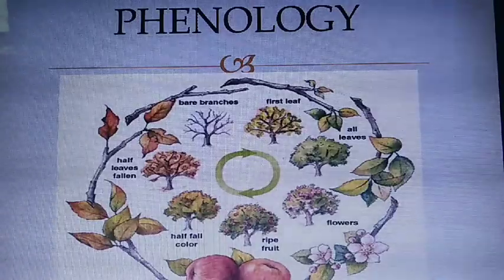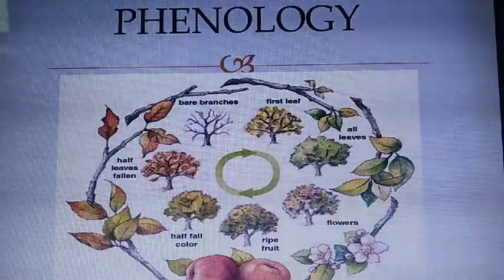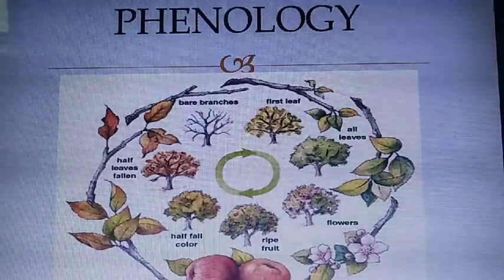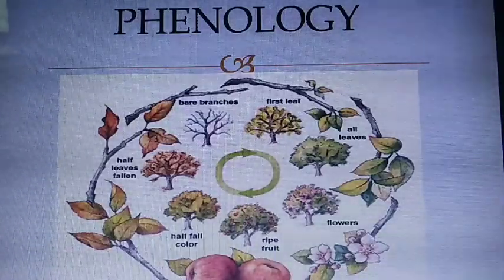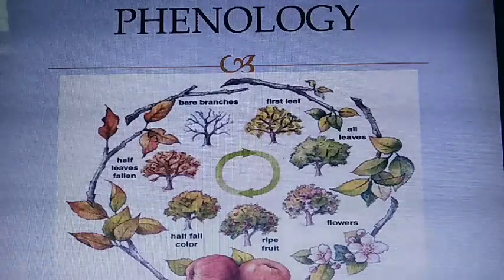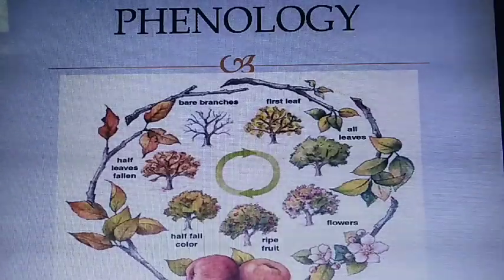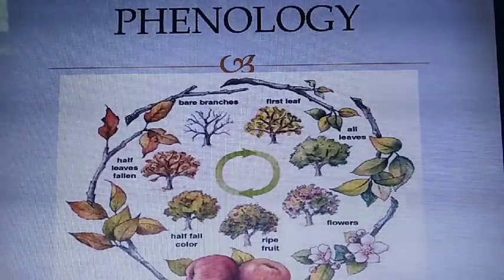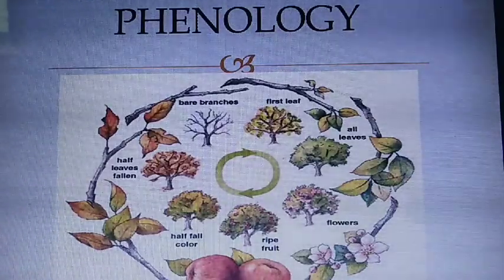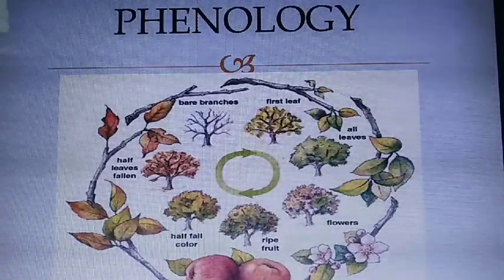For example, a species can be germinating in the month of March, another may be germinating in the month of July, and the same species that germinated in March may be in the stage of vegetative growth in the month of July, and it comes to the flowering stage in August, and then fruit formation occurs in September, and then seed maturation occurs in October, and death and senescence of the plant occur in the month of December.